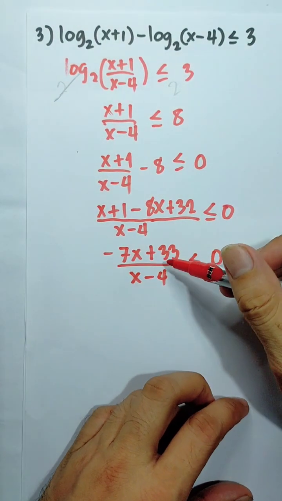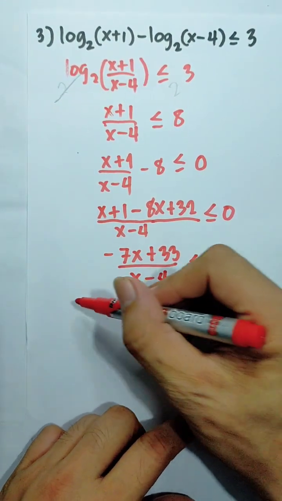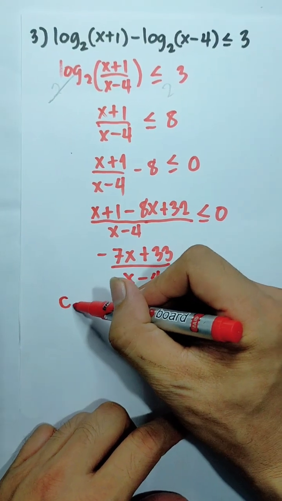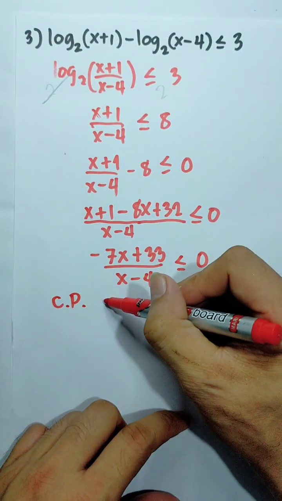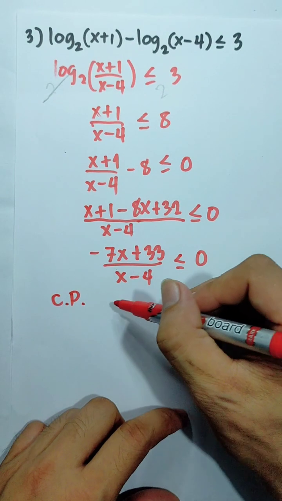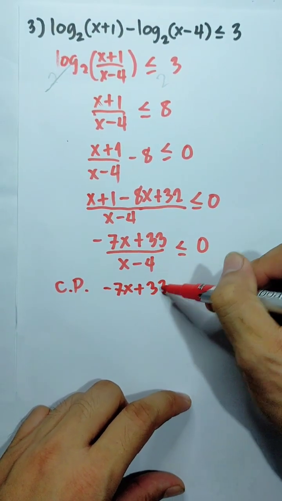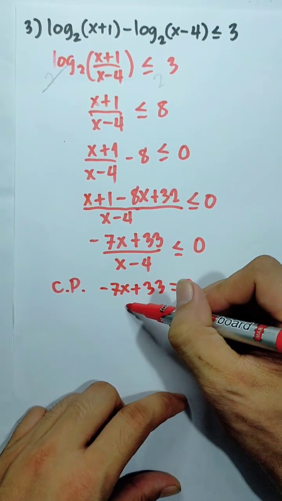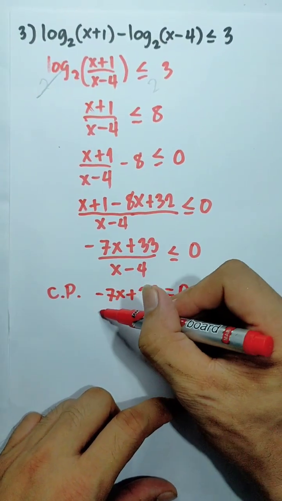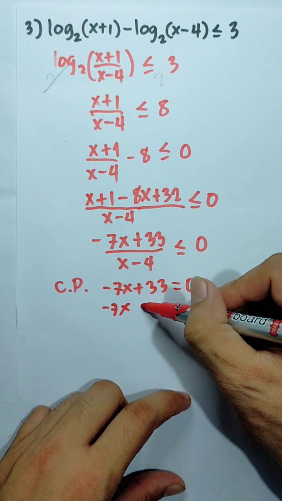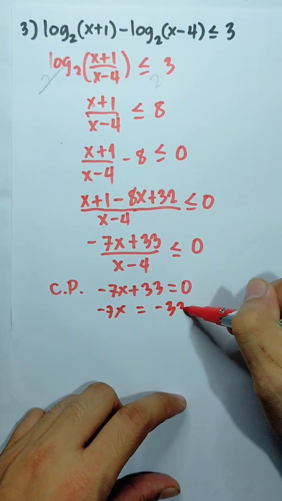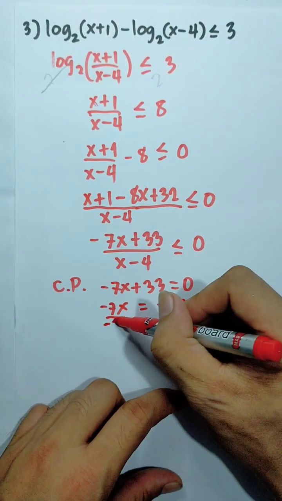Now here we can get the critical points. Let's begin from the numerator. That's negative 7x plus 33 equated to 0. So we have negative 7x equals negative 33, and we divide by negative 7 on both sides.